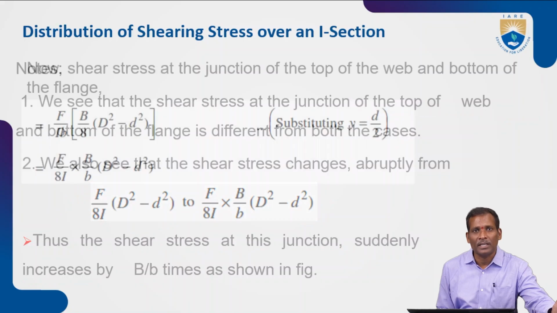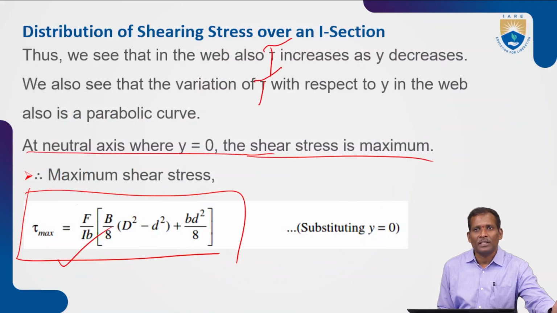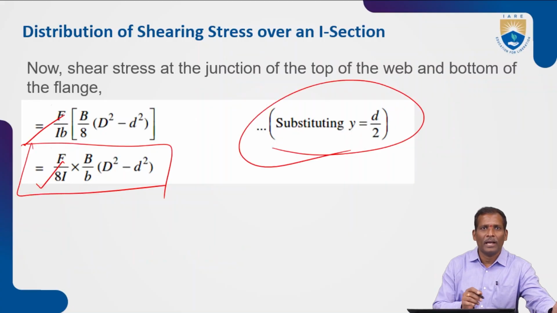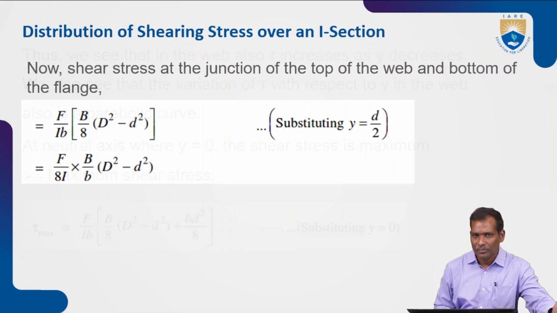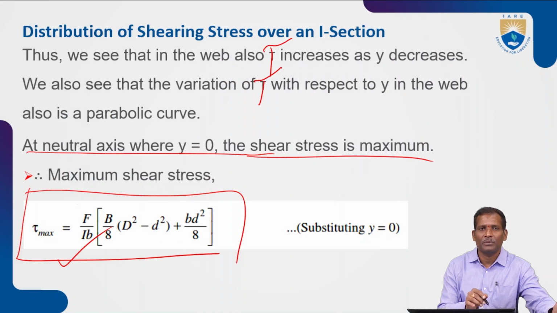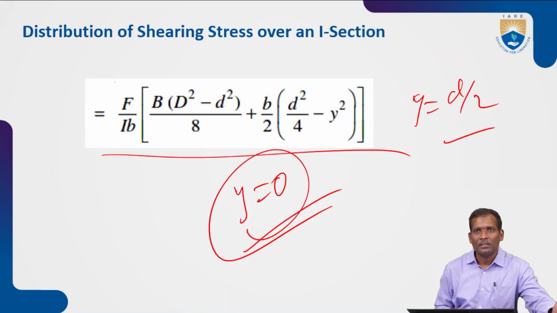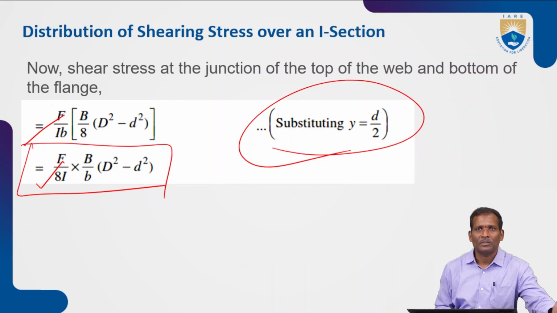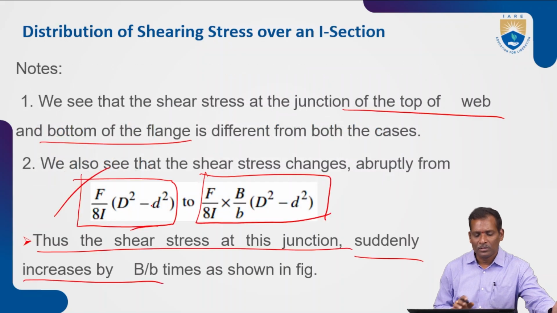So already we have seen here, in this case, substituting 0: F by I b into B by 8 into capital D square minus small d square plus b d square by 8. So in this equation, after substituting d by 2, you will get F by 8I into capital B by small b into capital D square minus small d square. So these changes happen.